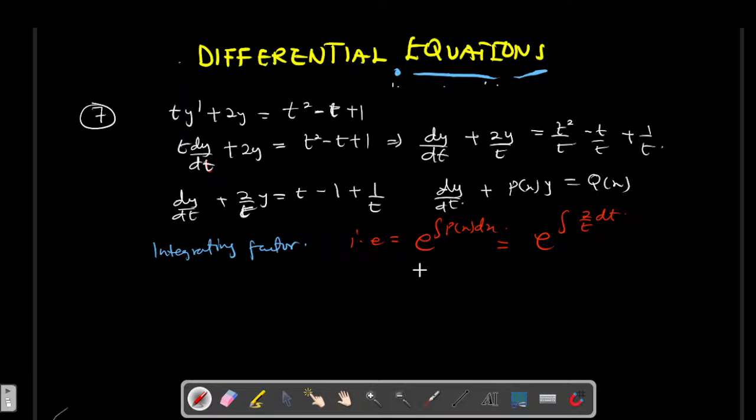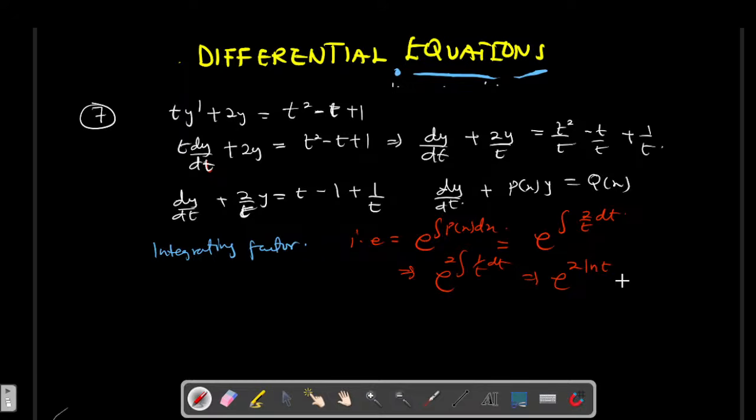So to find the integrating factor, I have e to the power integral of 2 over t dt. How do I solve this? Remember I can push 2 outside the integral. So 2 out, integral of 1 over t dt. And remember that the integral of 1 over t is simply natural log of t, right? So I'm going to get e to the power 2 ln t.